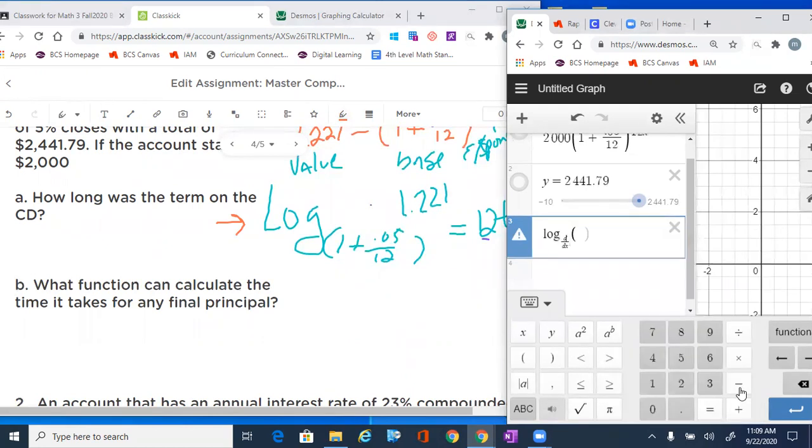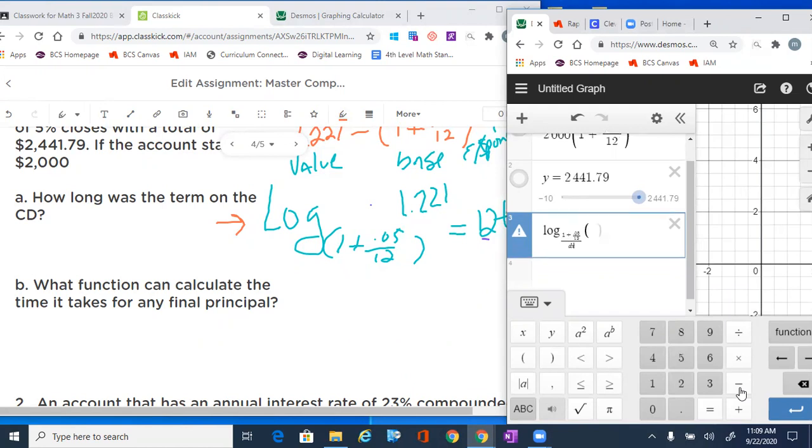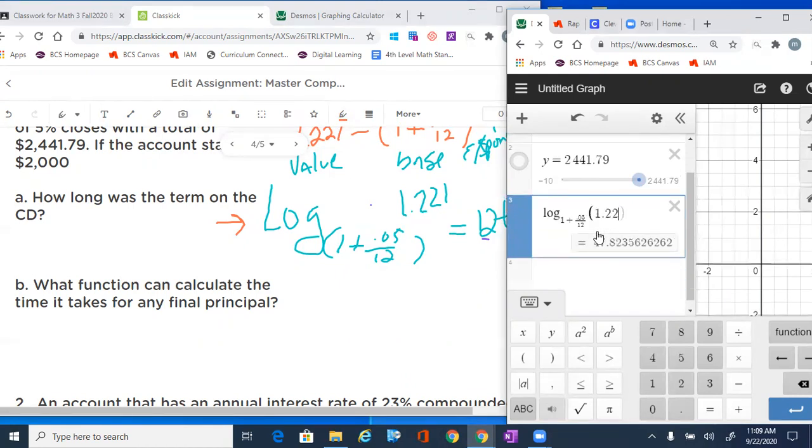Okay? And what I can do is replace the top with 1 plus 0.05 divided by 12, and then I can erase that little fraction there. Once I have that, I can put in that value of 1.221, and that gives us 48.02.